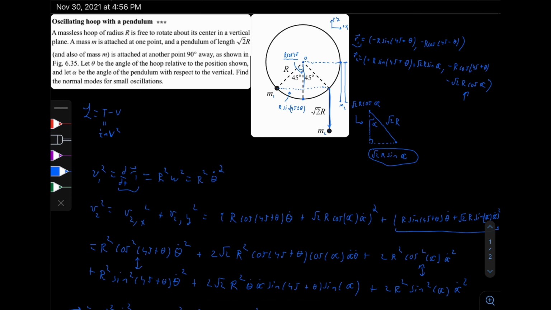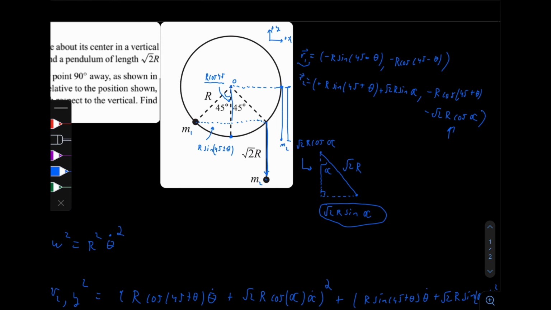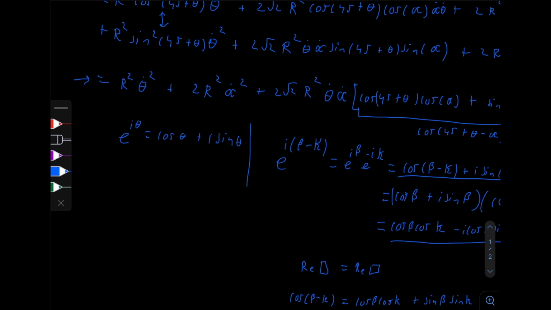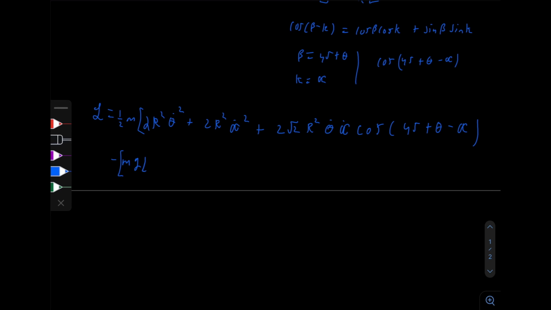So mass of m times its vertical displacement, which we know to be this guy right here, minus r cosine 45 minus theta. Okay, let's put a bracket there.